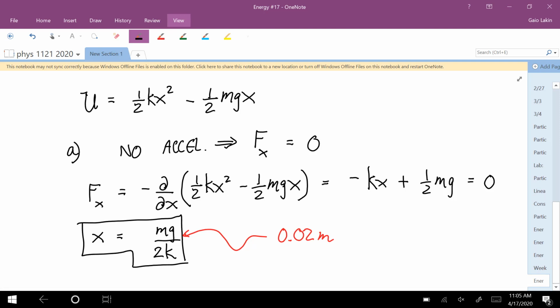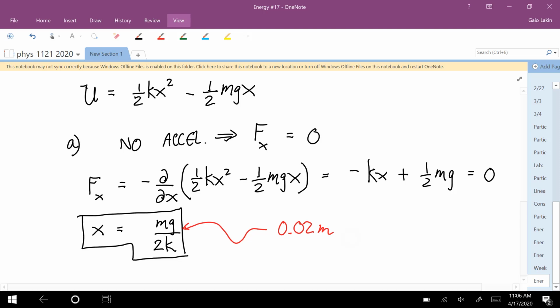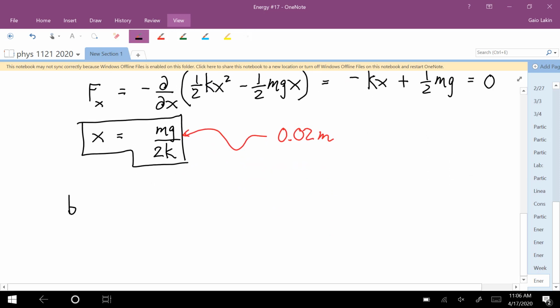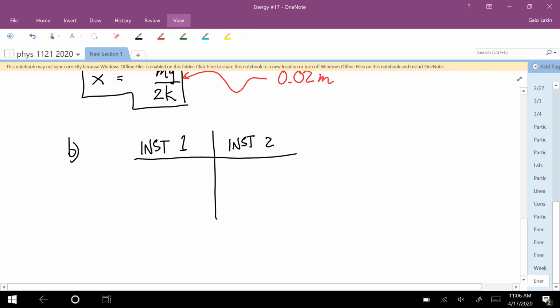Okay, and now the second part is we want to come up with a function for the speed in terms of x. We can use conservation of mechanical energy. The total potential energy at instant 1. So instant 1 is when it's released after being stretched 5 centimeters.